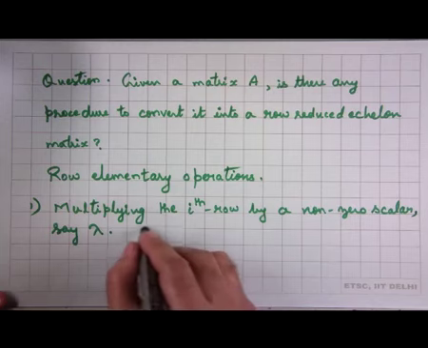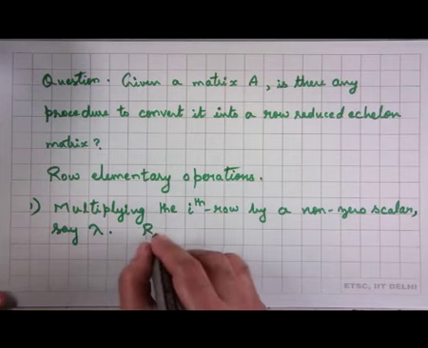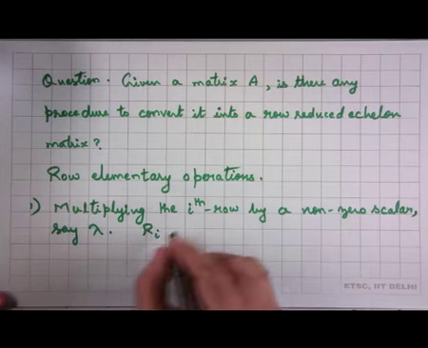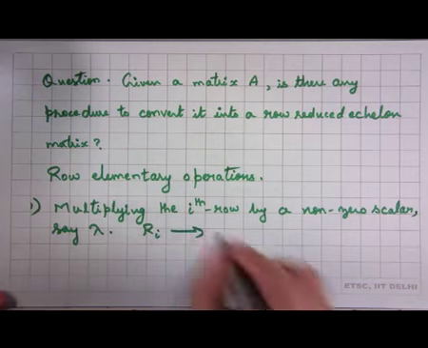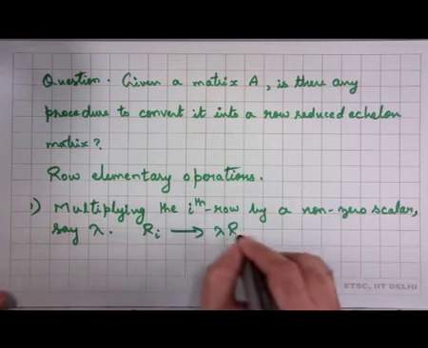So, we will denote this by the ith row is replaced by lambda times Ri.